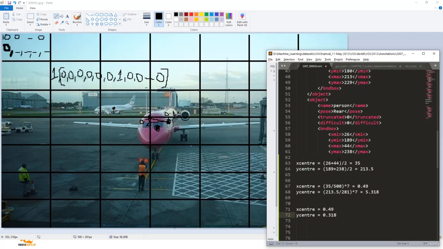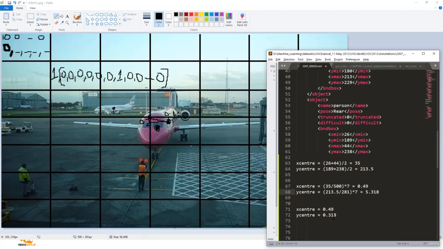Then we go to the next step where we have to change the coordinate system. So here we have 35 divided by the maximum value of the previous coordinate system times the new coordinate system, and that gives us 0.49. Then for the y center, the same, it gives us 5.318. Now this 0.49 gives us an x center of 0.49 still, and this y center gives us 5.318 minus 5.